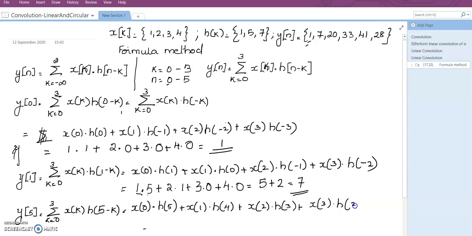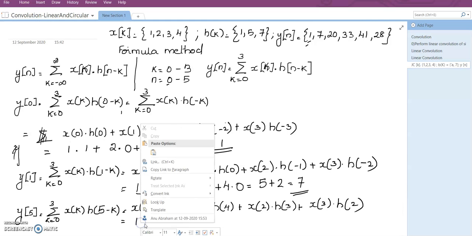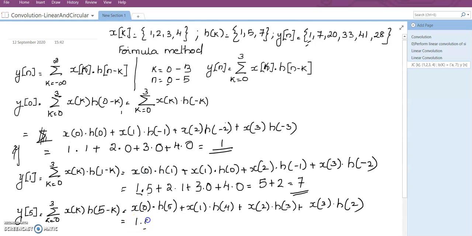dot h of 2. So when we substitute these values, x of 0 is 1, h of 5 is not available, so it will be 0, plus x of 1 is 2, and h of 4 is 0. X of 2 is 3, and h of 3 is 0, because there are no values.